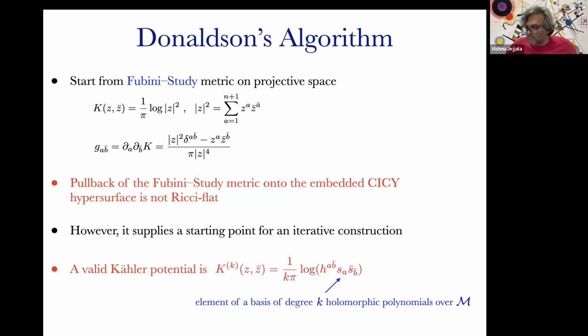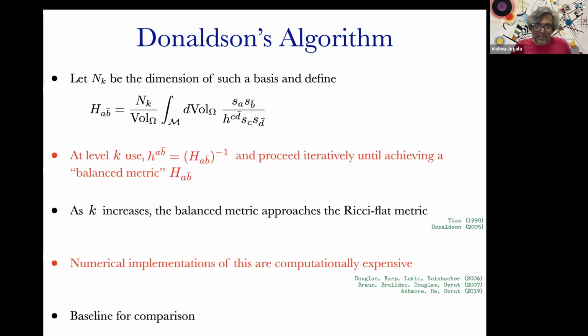Because the Fubini-Study metric on the projective space is Kähler, and it's very well understood, we can use the Kodaira embedding to systematically obtain metric approximations using this algorithm. And the way we proceed is we construct a so-called balanced metric, and we update this balanced metric iteratively. And as k increases, this balanced metric approaches the Ricci-flat metric.